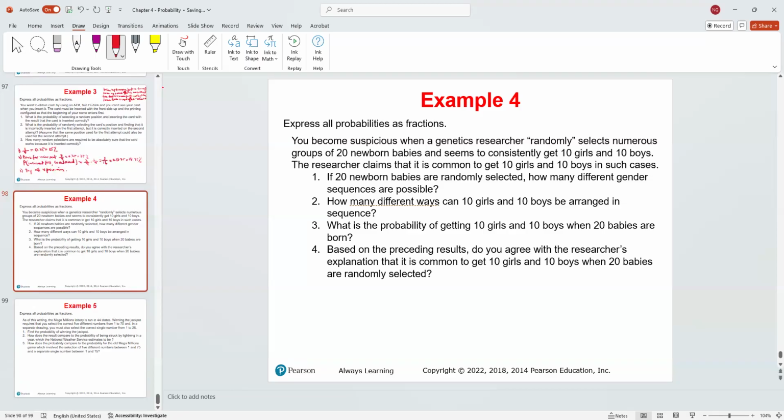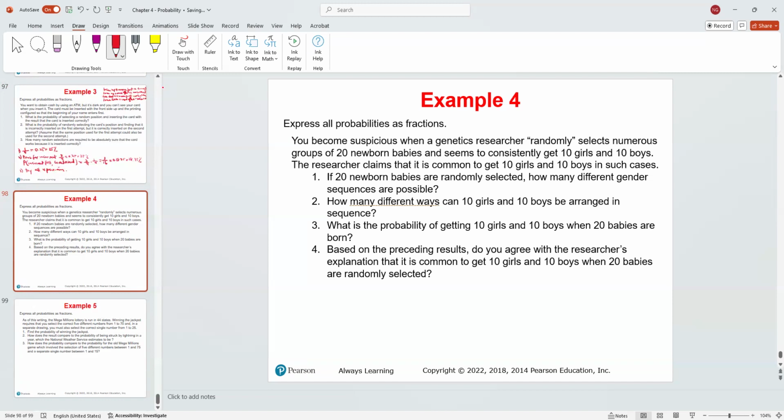They said that if 20 babies are randomly selected, how many different gender sequences are possible? So we have 20. Each baby is equally likely to be a girl or a boy. It can be 10 girls, 10 boys, or 20 girls, 0 boys, or 20 boys, 0 girls, or 15 girls, 5 boys.